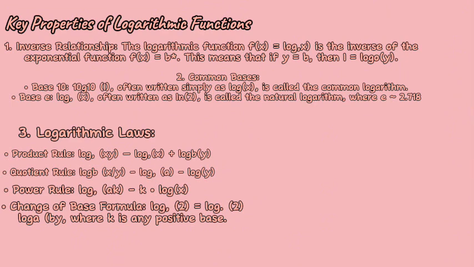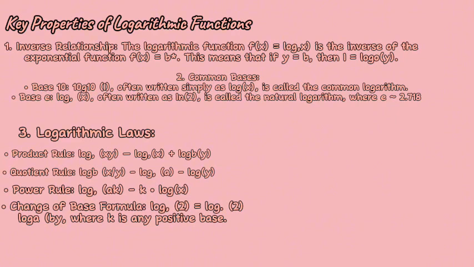Base 10, log 10 of x, often written simply as log of x, is called the common logarithm. Base e, log e of x, often written as ln of x, is called the natural logarithm, where e equals 2.718.